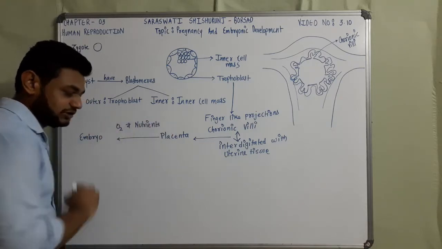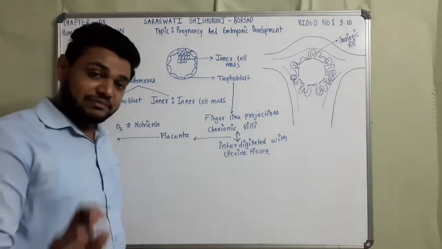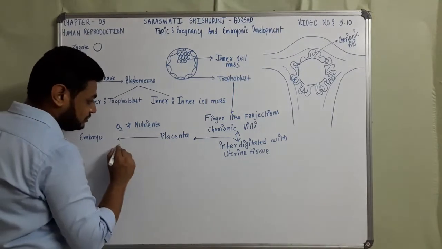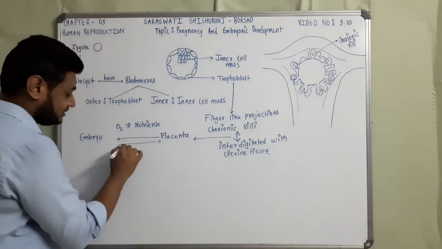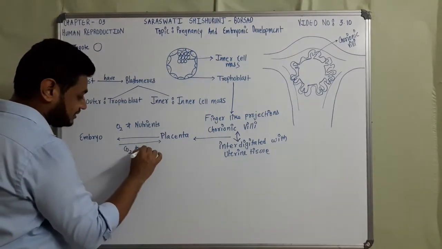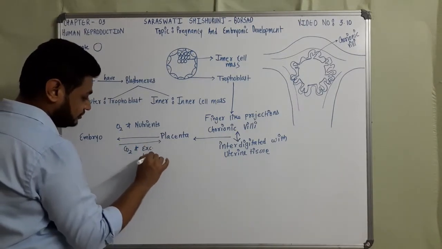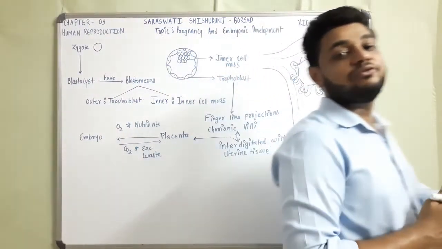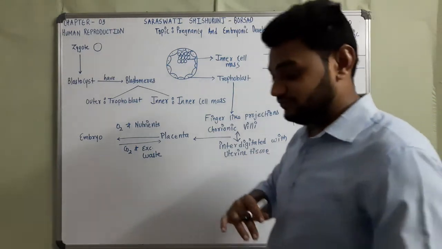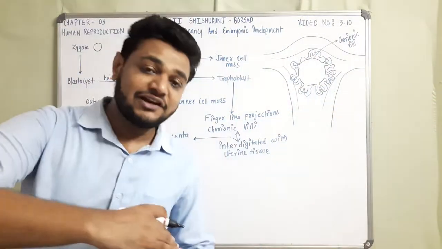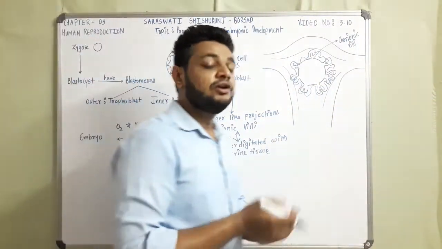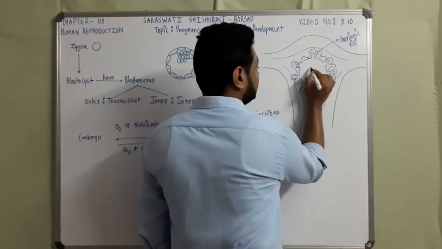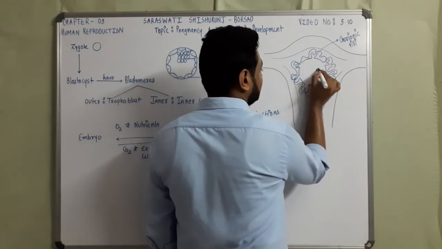Remember that placenta passes oxygen and nutrients, and it takes the CO2 and excretory waste. So basically it is helping to transport things. Now how is it transferring the nutrition to the embryo?